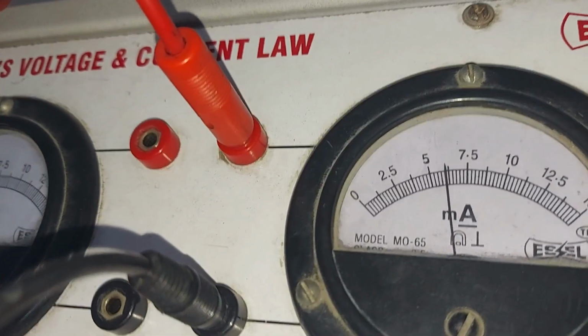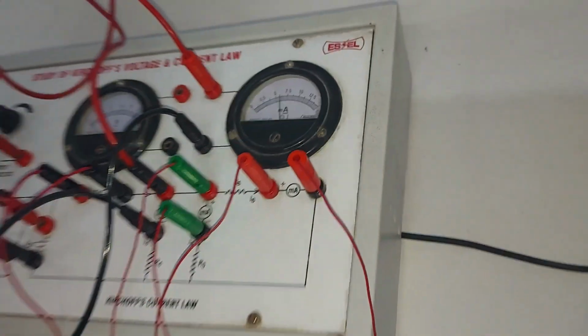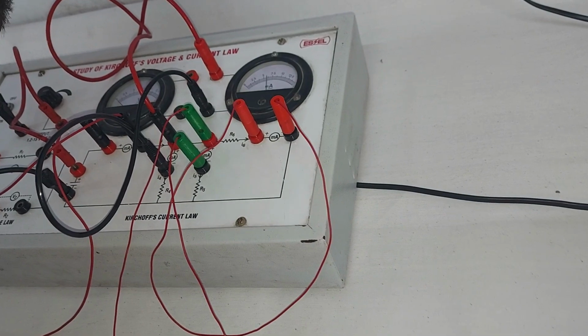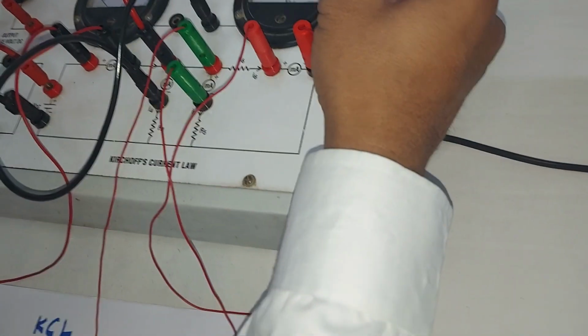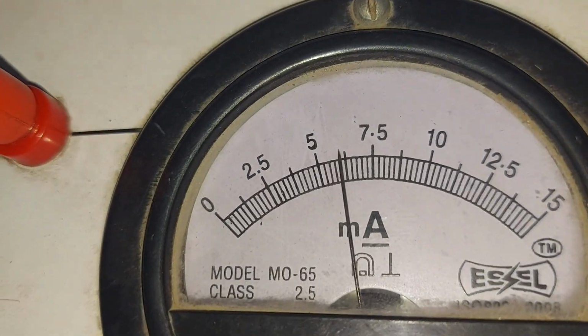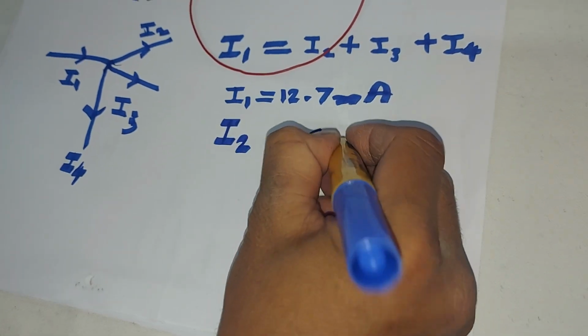Yeah, it is approximately 6, I think. This is 5, this is 7.5. Yeah, it is approximately 6 milliampere. You can see that current I2 is approximately 6 milliampere.